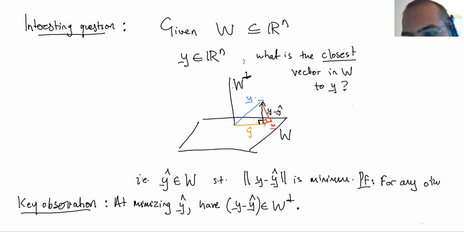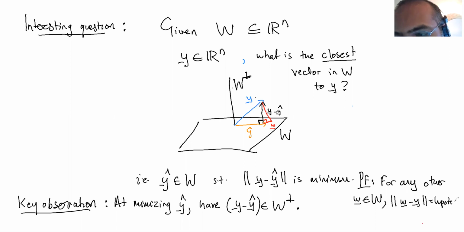For any other point w in the subspace, the distance from w to y is going to be the hypotenuse of the triangle with the 2 sides red. On the other hand, the distance between y hat and y is going to be one of the other sides, one of the non-hypotenuse sides of the triangle.